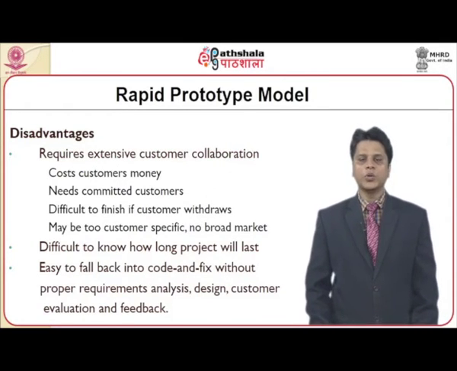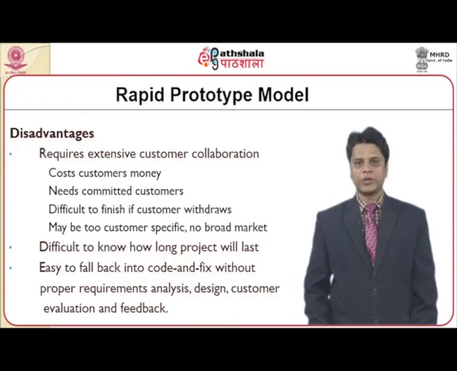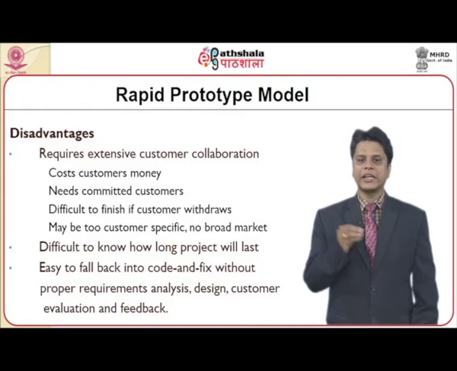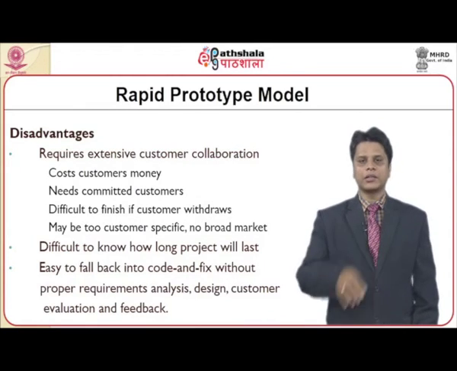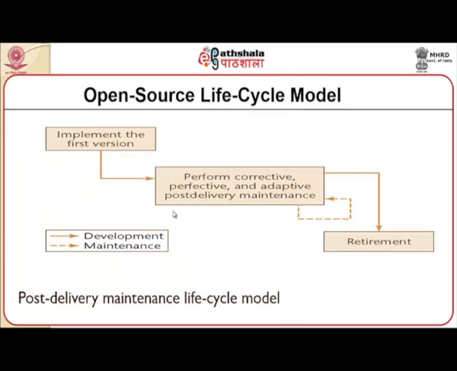It is easy to fall into code and fix without proper requirement analysis, design, customer evaluation and feedback. If you remove requirement analysis, design and customer evaluation from this structure of rapid prototyping, it is obviously something like the code and fix model. So as an alternate, what else could be done? It's not just an alternate, it is an extension.